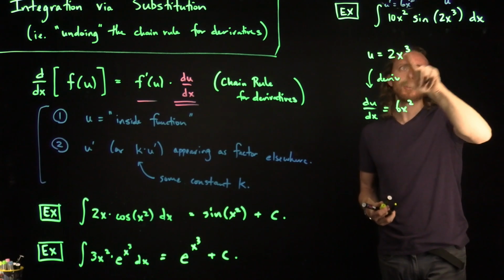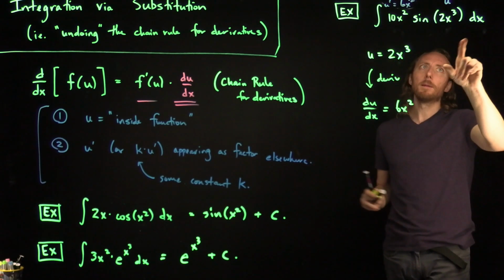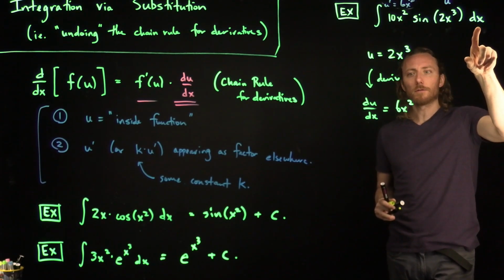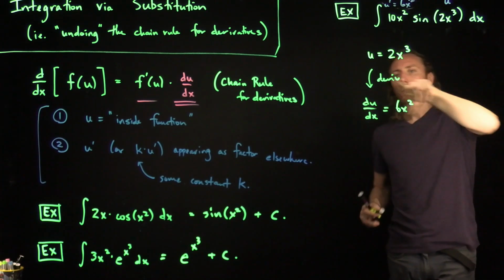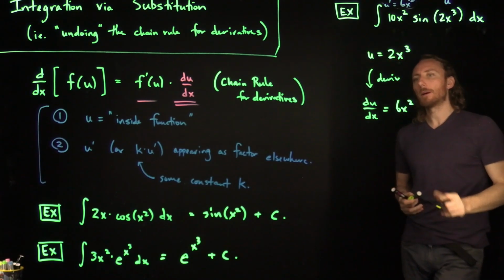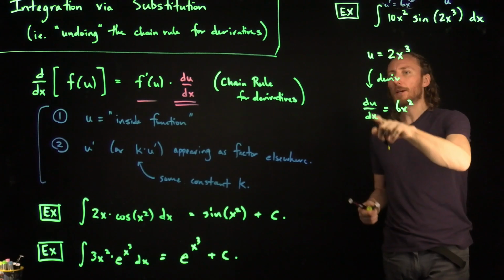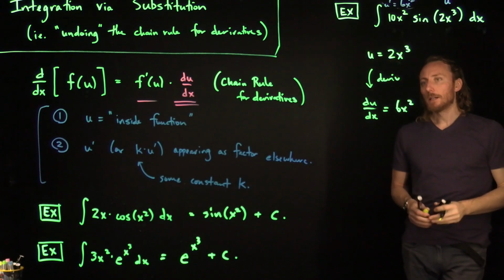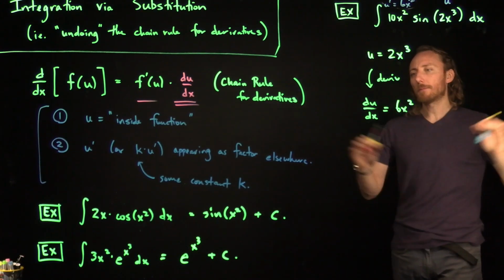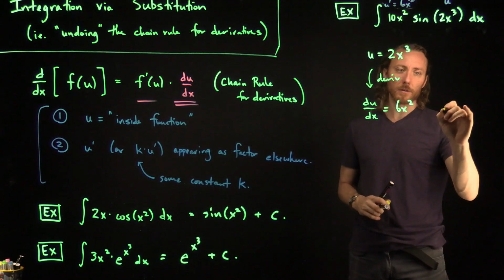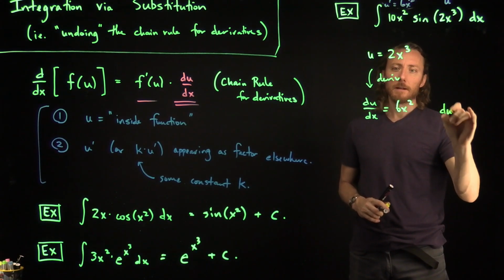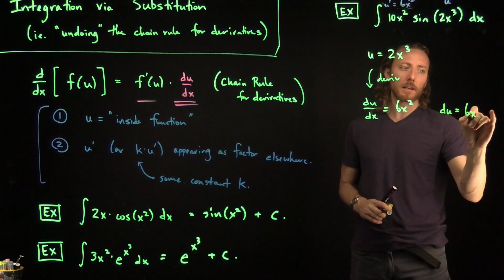Now this 2x cubed could be replaced with u, no problem. But this dx is a little bit funky because the way in which we have dx showing up in our derivative expression is with a du as well. So what we do is we essentially multiply both sides by dx. It's a slightly egregious thing to do. It requires some study of differentials, but I'm not even going to get into that.